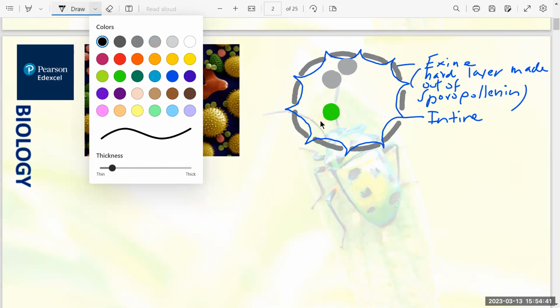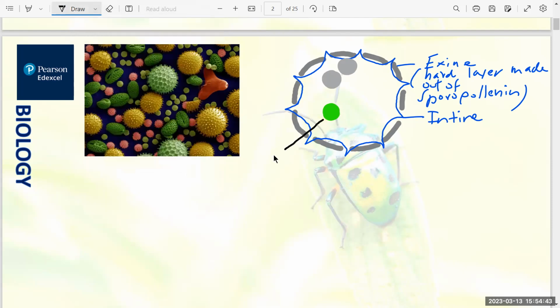So the first one is called tube nucleus, and these 2 are called generative nuclei.